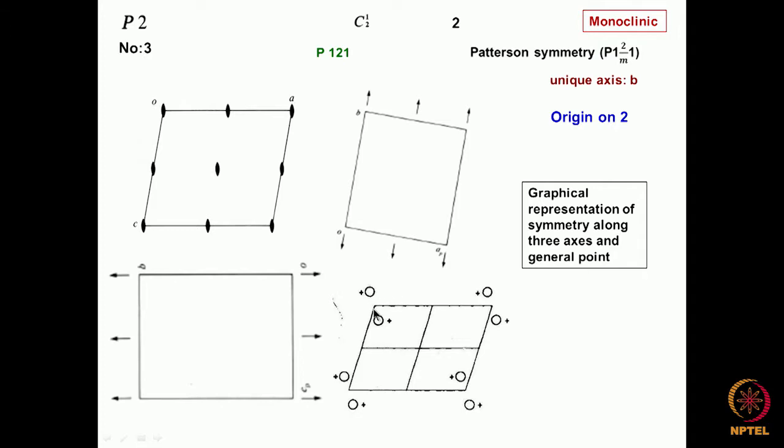Then if you do a twofold operation, okay, this will get repeated itself here, and on the other side. And that means that around this twofold, here is twofold, here it is twofold. This shows how, when the motif is placed, the crystal is generated. All the atom positions in the crystal are shown, or the pattern positions are shown.